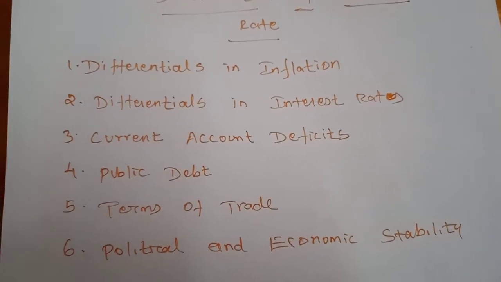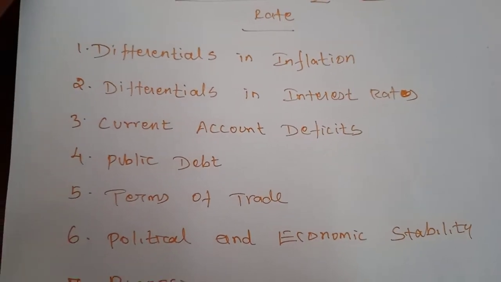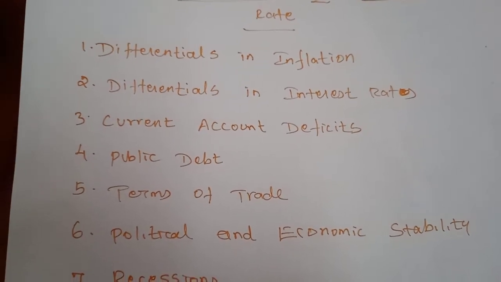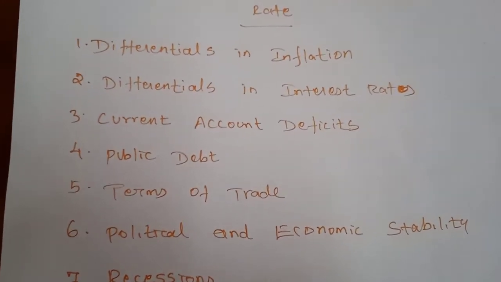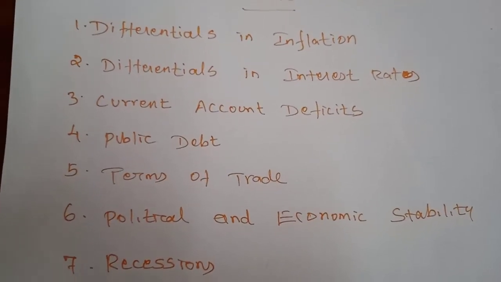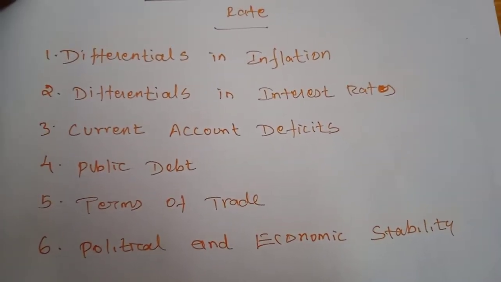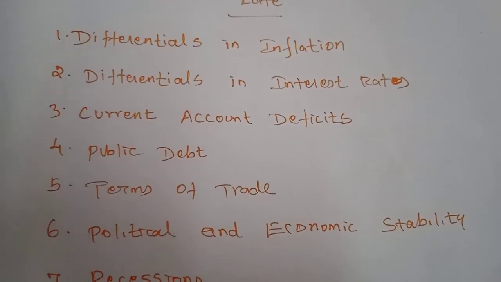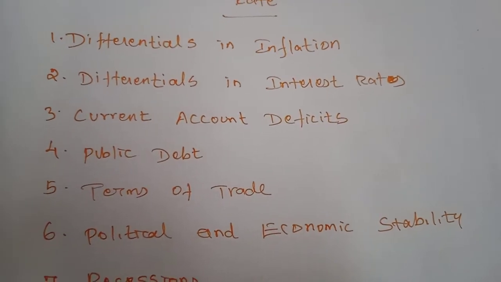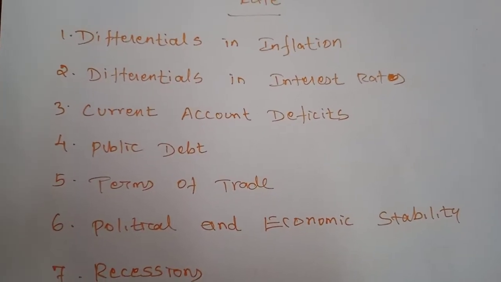Next, differentials in interest rates. There is a high degree of correlation between interest rates, inflation and exchange rates. Central banks can influence both inflation and the exchange rates by manipulating interest rates. On the basis of inflation and deflation times, the central bank will take some measures in lending money to entrepreneurs.